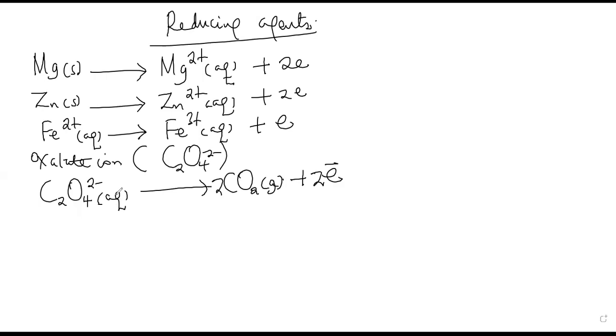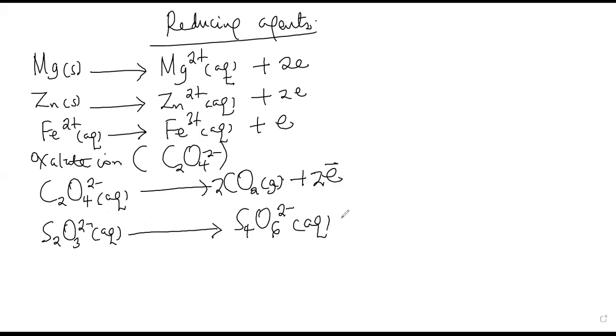Then we've got a thiosulfate ion, S2O3 2-. A thiosulfate ion gets oxidized to a tetrathionate ion, S4O6 2- aqueous, after losing some electrons.